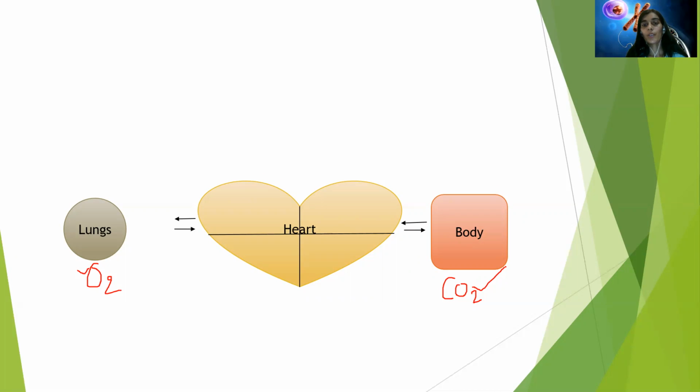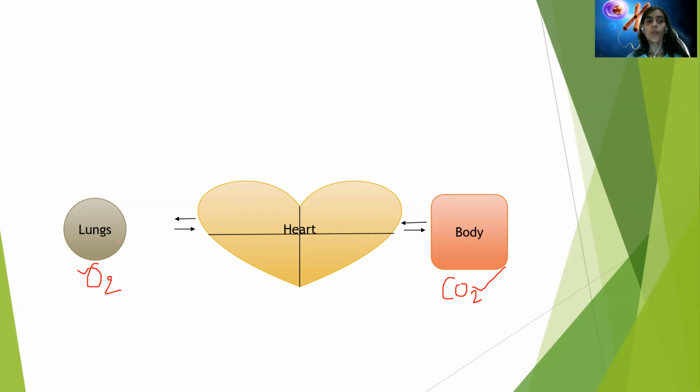Oxygen is supposed to reach the body with the help of blood. Blood acts as a vehicle which carries the oxygen from the lung side to the body. And when it drops the oxygen at the body side, in return it gets the carbon dioxide and takes it to the lungs.